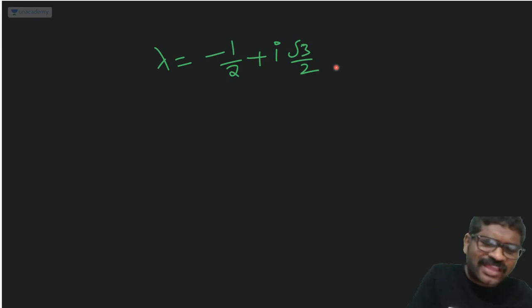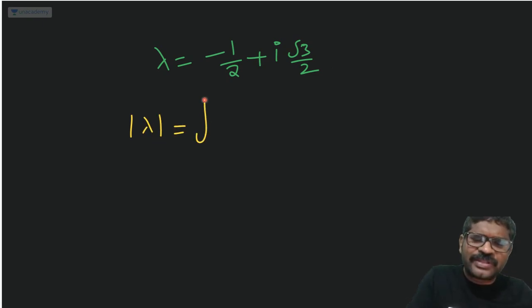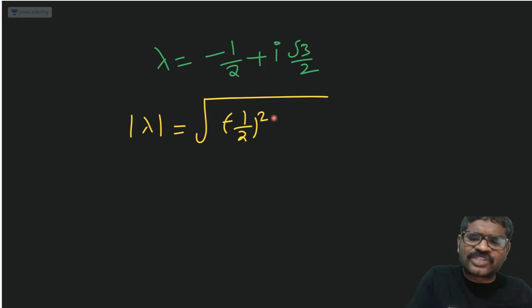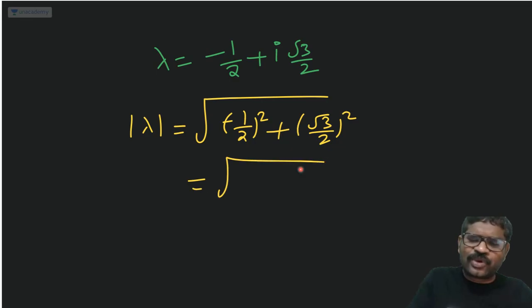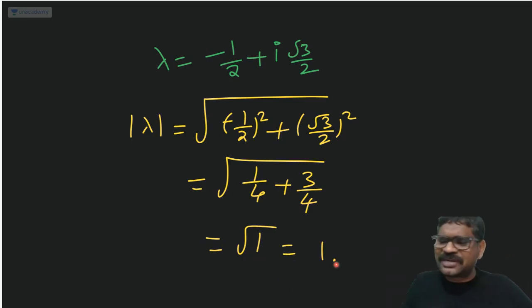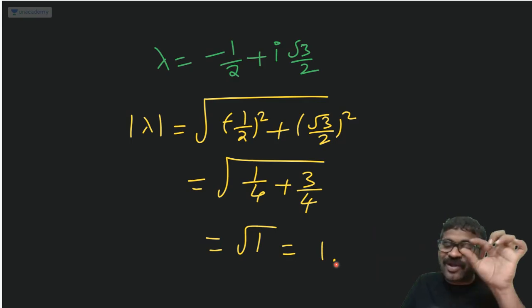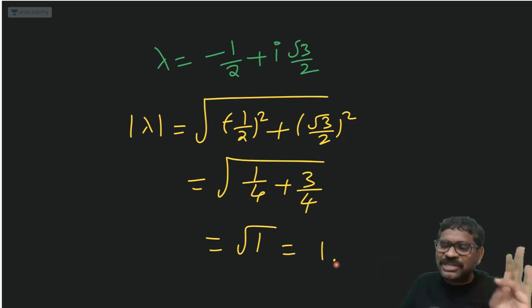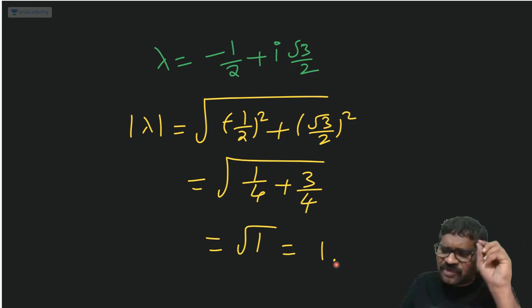Because if you calculate the length, mod lambda is square root of minus 1 by 2 whole square plus root 3 by 2 whole square, square root of 1 by 4 plus 3 by 4, square root of 4 by 4, 1. Mod lambda is 1. Possible. That's why you have to remember the unit circle concept. In the case of Hermitian, skew Hermitian, unitary, whenever you have any confusion, better to go for the circle concept.